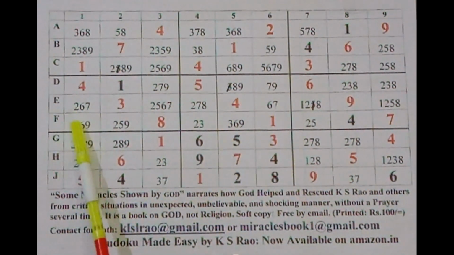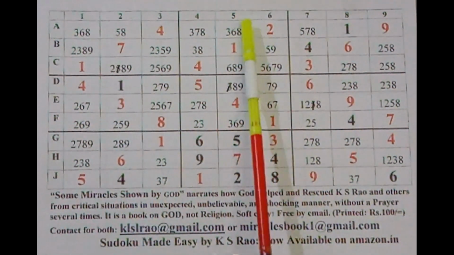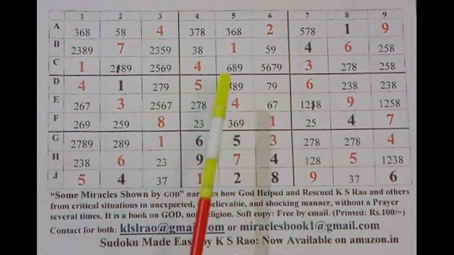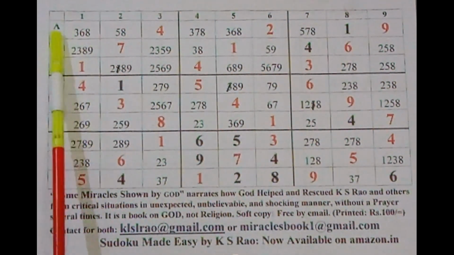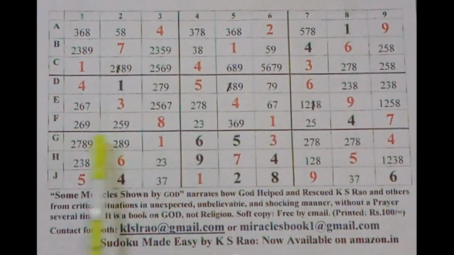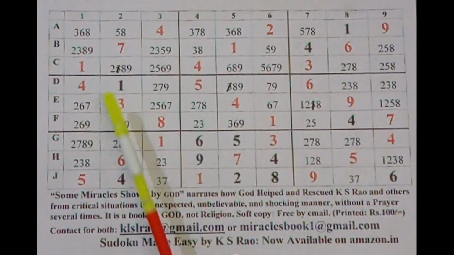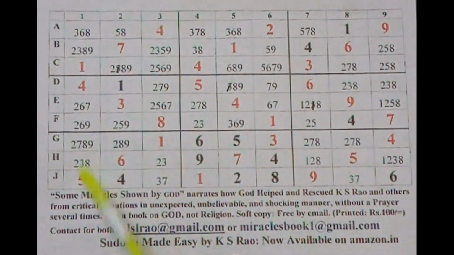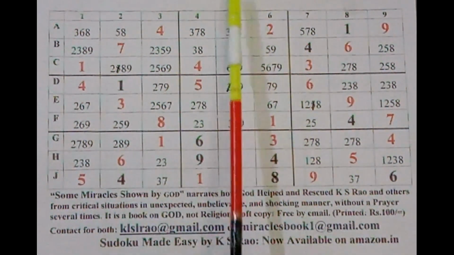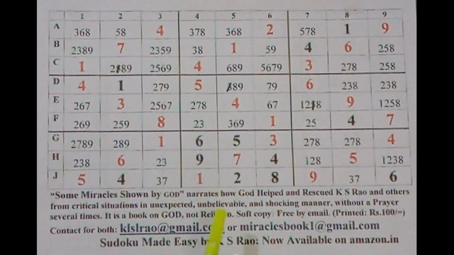If the same 6 is put here, the next 6 has to be here. Therefore, since the number 6 is not occurring anywhere else in this row and also this row, we can delete number 6 occurring elsewhere in column number 1 and column number 5 also.